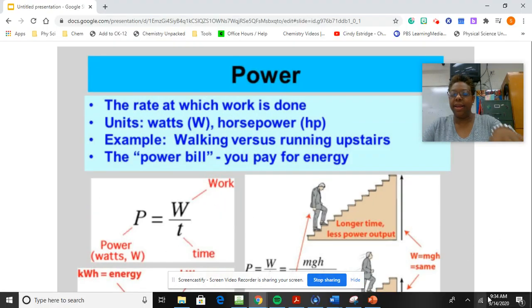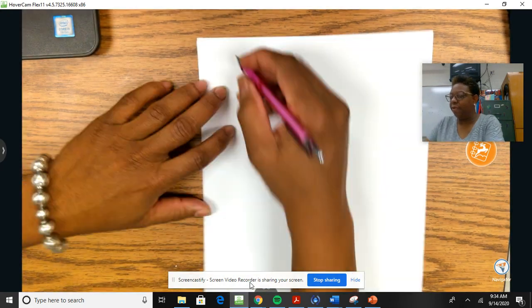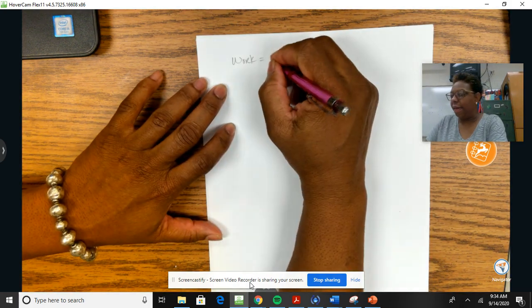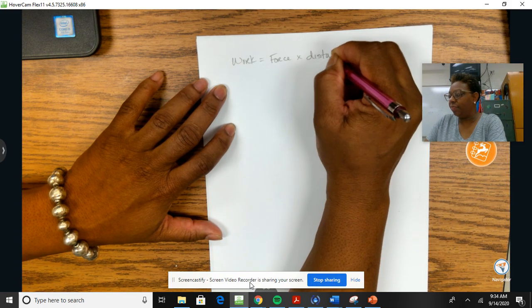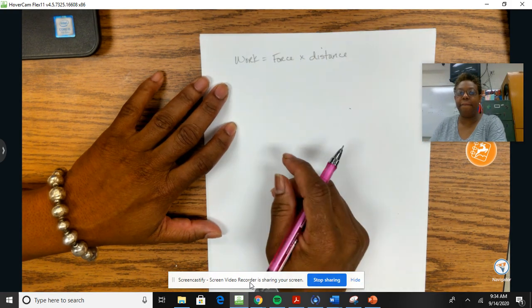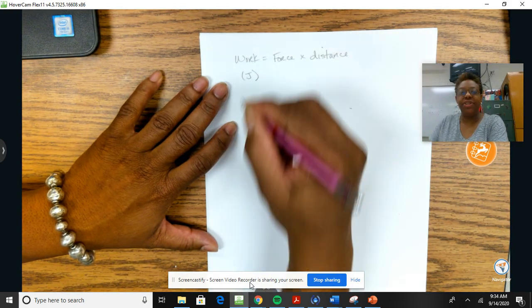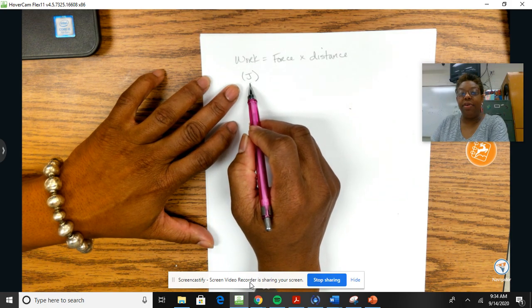So let me get out of this and jump back over here. All right. So we learned that work happens when we have a force that is applied over a distance. Work we learned was in units of joules. That's a new unit for us. And energy is also going to be in that same unit.